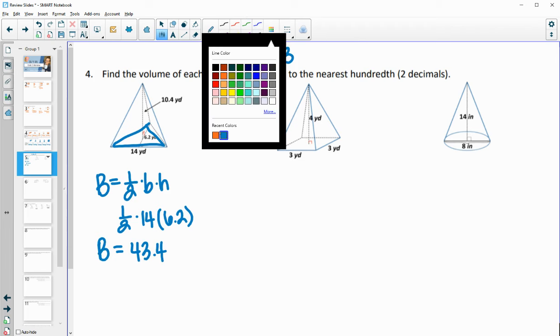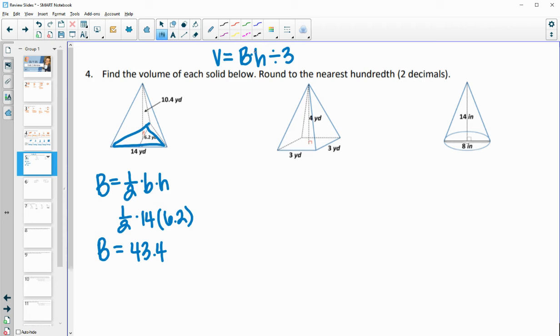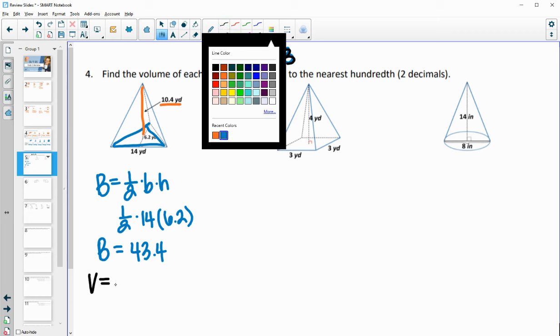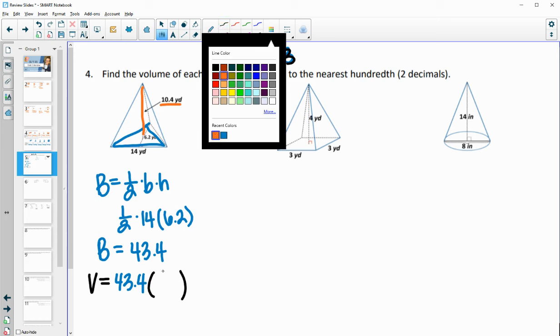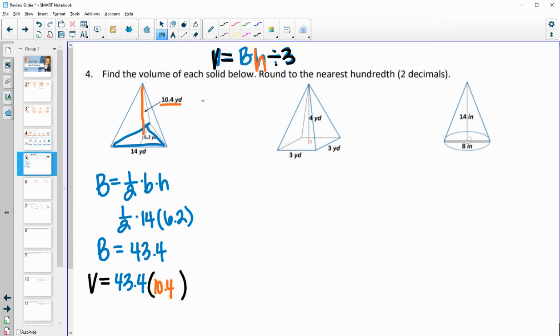So then we'll want the height of the pyramid, okay? And the height of the pyramid here is 10.4. So when we go ahead to do the volume, again, we'll have area of the base times the height divided by 3. So the volume here will be 43.4 times the height, which is 10.4, and then we'll divide by 3 since it's a pyramid.